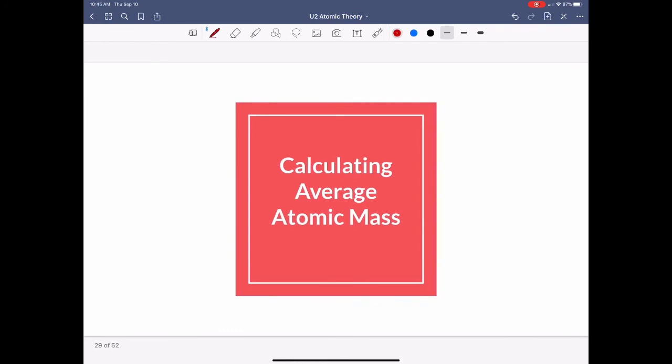So last part for today is going to be looking at calculating average atomic mass. So we talked about the number on the periodic table. The periodic table gives you for mass is an average. That is an average of every possible version of that element known to man averaged together by its abundance to give you an average mass of what exists.